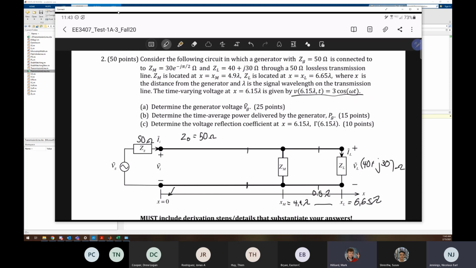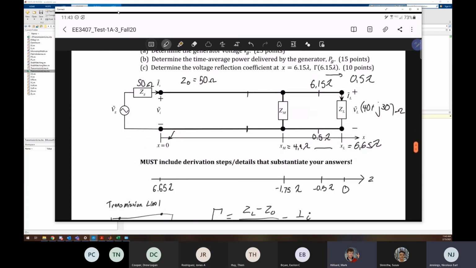What we did is we figured out, okay, so if this is at 6.15 lambda, the distance from here to here is just 6.65 minus 6.15, so it's 0.5 lambda. And in our convention, we were able to find out the distances and flip them, and so this time we have 0.5 lambda right here. Okay, so the 0.5 lambda is our previous 6.15. Correct. Exactly, yep.